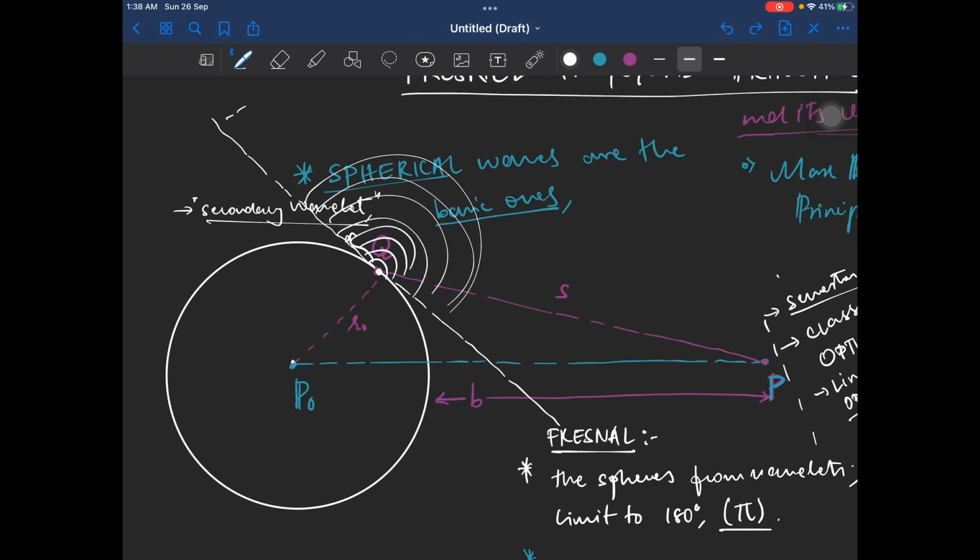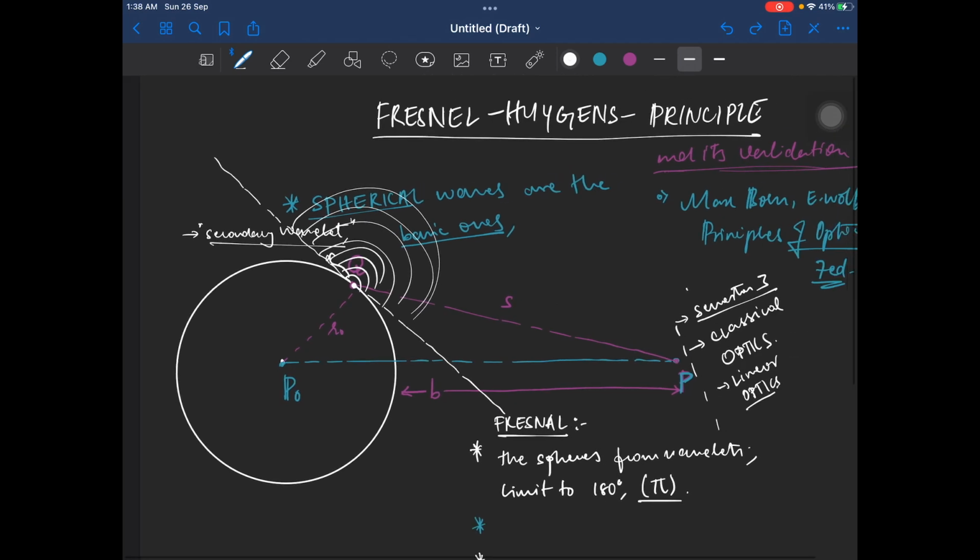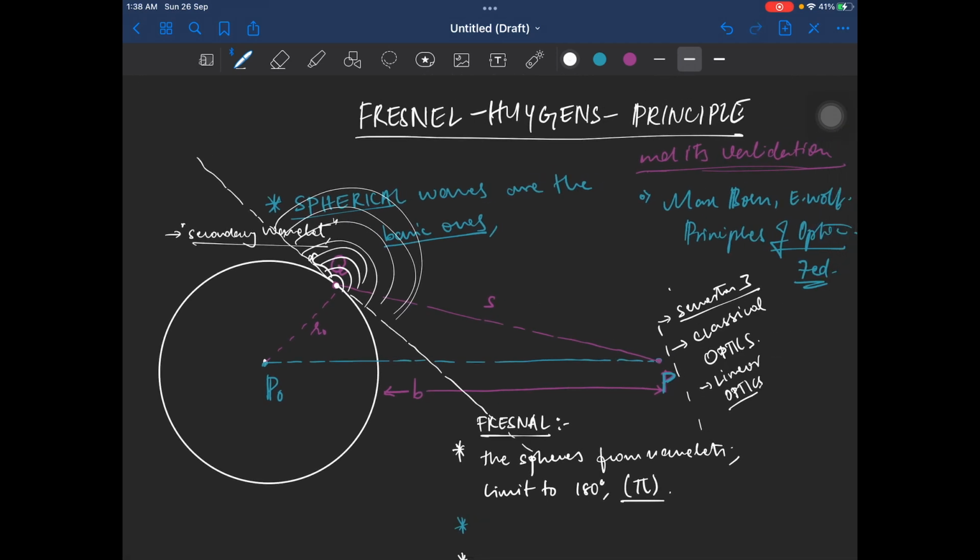Somewhere over here, this is gonna land. Let's say here, like this. One of its wavefronts is gonna land here. Yeah, that is it. It is limited to 180 degrees.